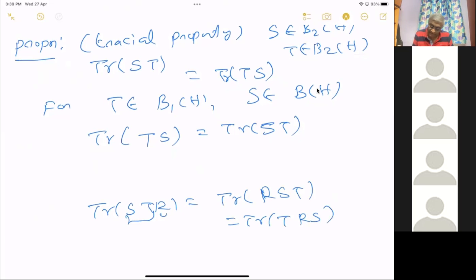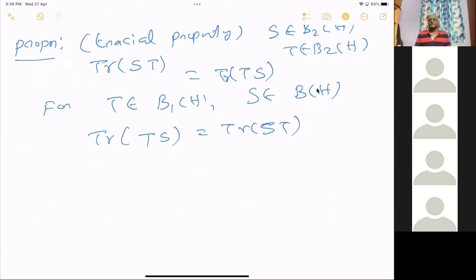But you can't bring S between R and T. So this is not commutative. Commutative means you can insert an element anywhere you want in a multiplication expression, but this is not that. It's just a circular, cyclic action.